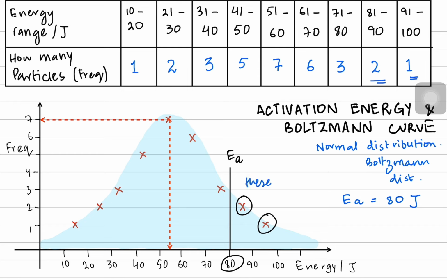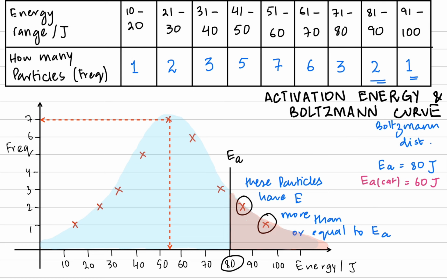These 2 particles with energy of 90 almost, and there's 1 particle between 90 and 100. These particles have energy which is more than or equal to activation energy, and that is the criteria.